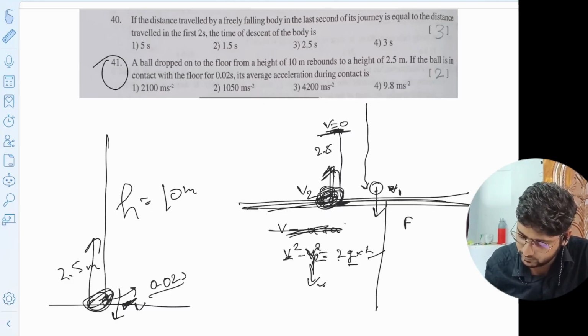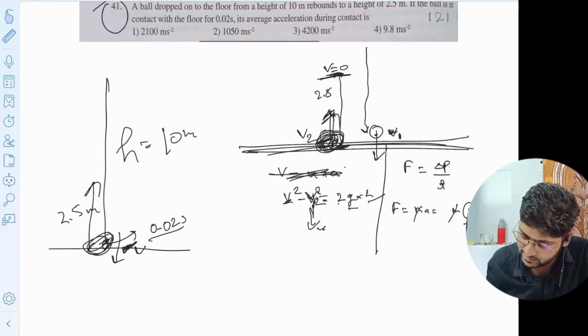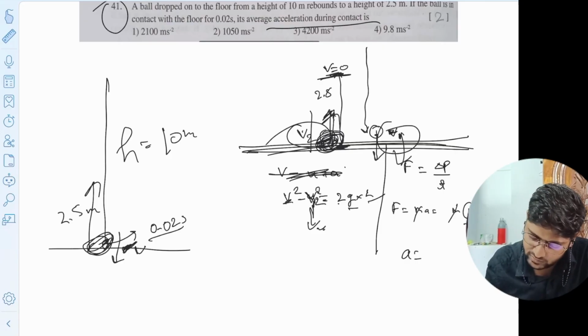Force equals change in momentum by time, and force equals mass into acceleration. Here mass into v final minus v initial divided by time, mass cancels. So acceleration equals v final minus v initial. Its direction is negative, its direction is positive.